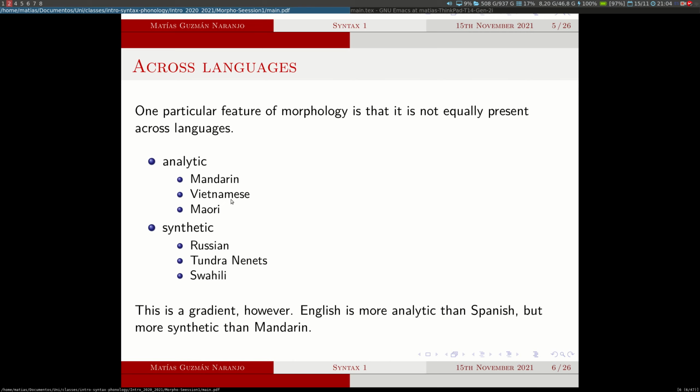And syntax also doesn't vary quantitatively like that. It's not like one language has more syntax than another one. However, morphology, yes. We can clearly see that there are some languages like Mandarin, Vietnamese, or Maori, where you have either no morphology or almost no morphology.